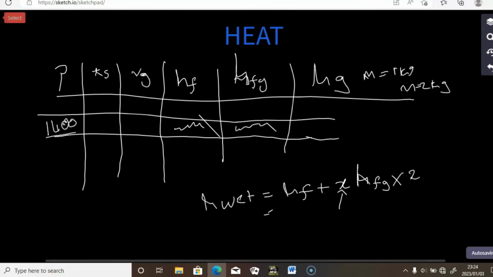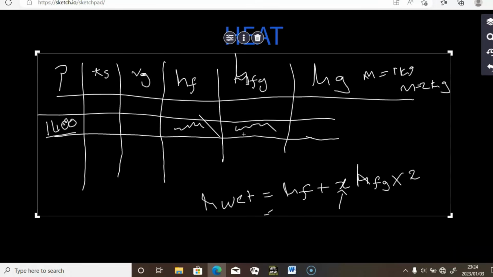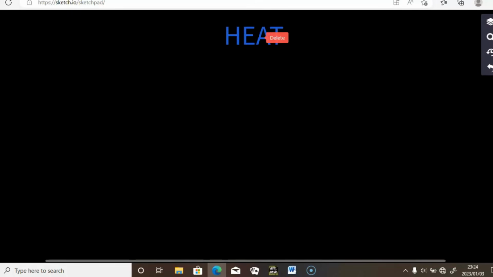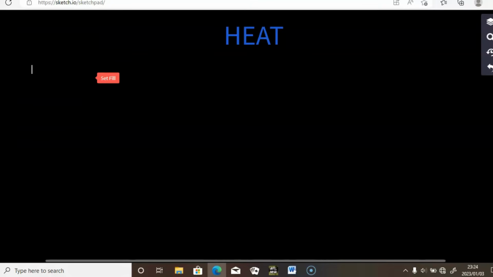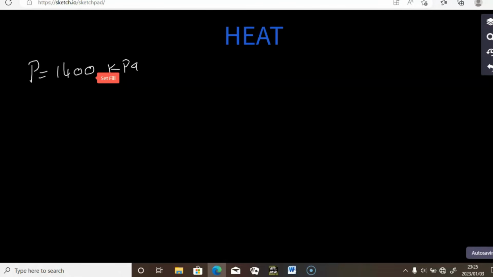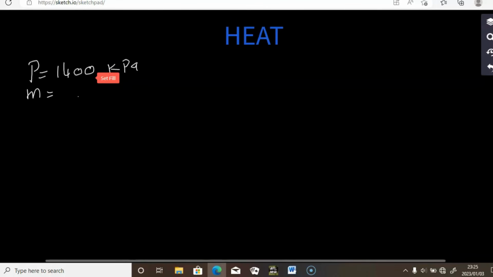We are given a pressure of 1400 kilopascal. And we are also given the mass, which is 1 kg.